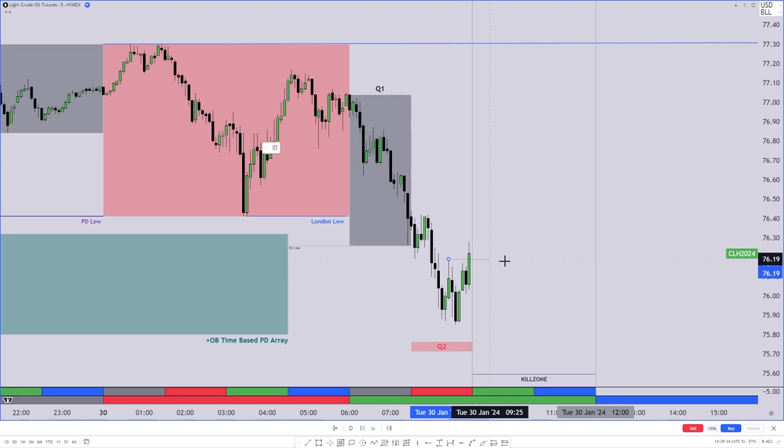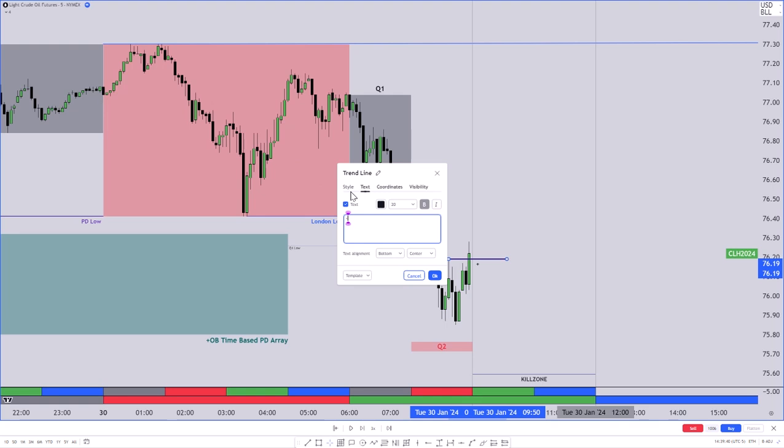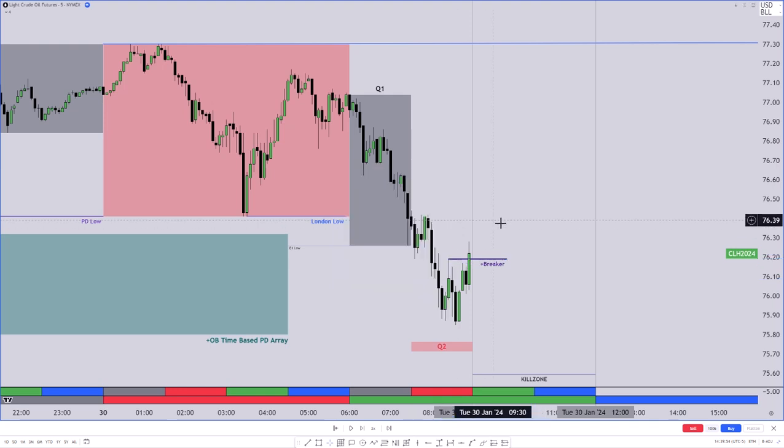We have a bullish breaker, right? Okay, so this is a bullish breaker high, right?